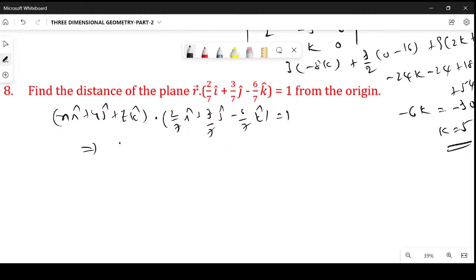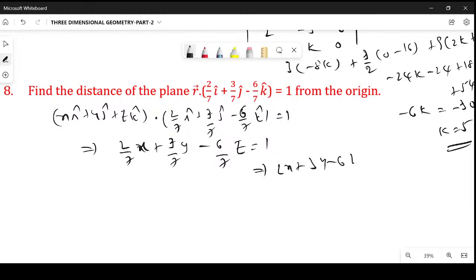If I apply Cartesian, it will come 2 by 7 into x plus 3 by 7 into y minus 6 by 7 into z equal to 1. Even if you want, you can write 2x plus 3y minus 6z is equal to 7. That means 2x plus 3y minus 6z minus 7 equal to 0. We got the plane equation in Cartesian form.